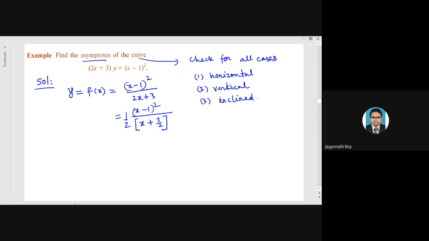Now, if you allow x goes to 3 by 2 from the right hand side, then what you will get? y equals f of x will go to plus infinity.